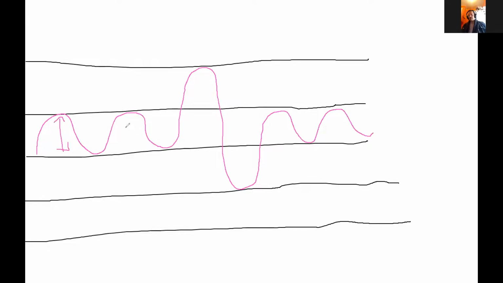So tidal volume is the amount of air you breathe during a normal breath. Then you have inspiratory capacity here, which is tidal volume plus inspiratory reserve volume.